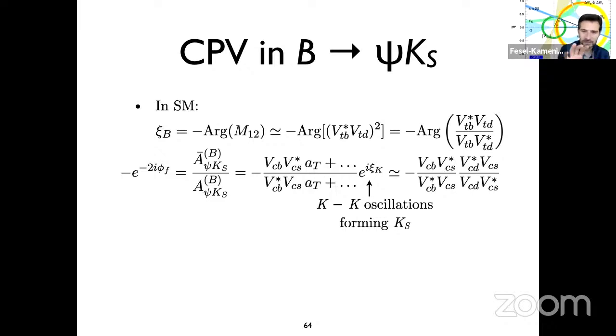We will discuss the details tomorrow, how we actually compute this. But what is important for us now is that the phase in these amplitudes is given by the V_tb V_td star squared combination.